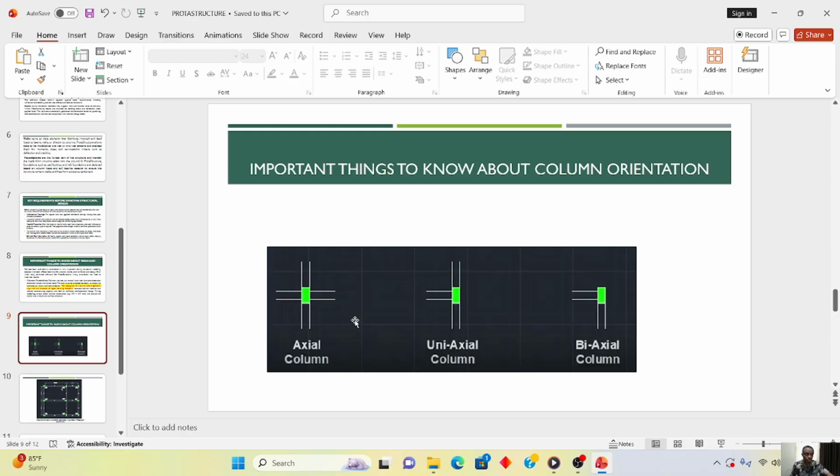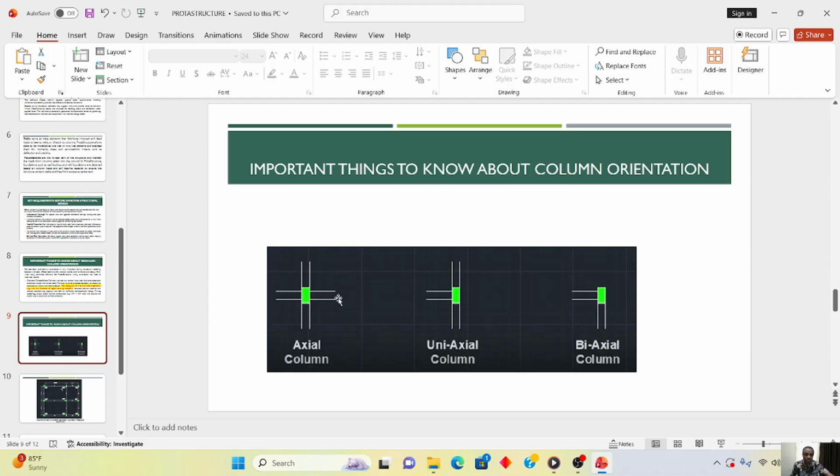So we can classify columns into three categories: axial columns, uniaxial columns, and biaxial columns. Now, axial columns are subjected to equal forces in all four directions. If you want to know if it is an axial column, then it must be subjected to equal loads in all four directions.